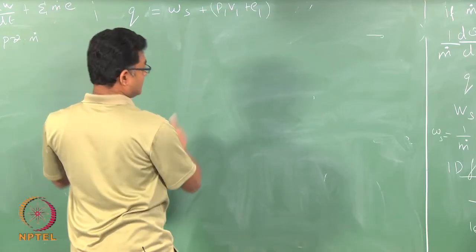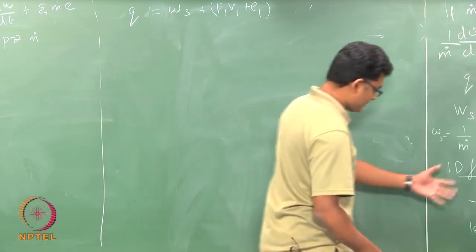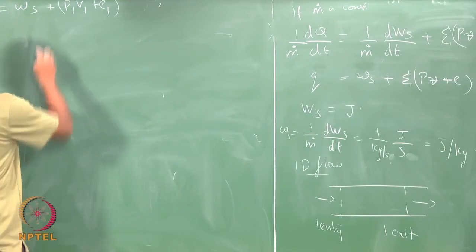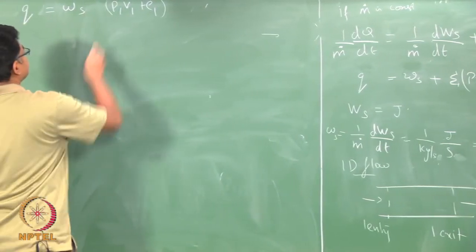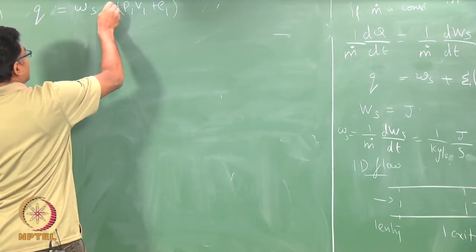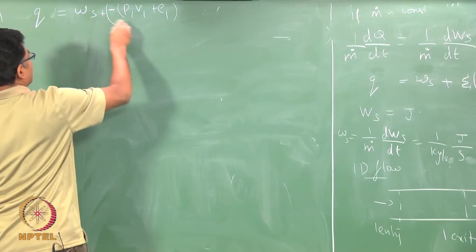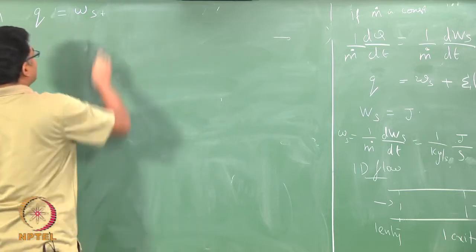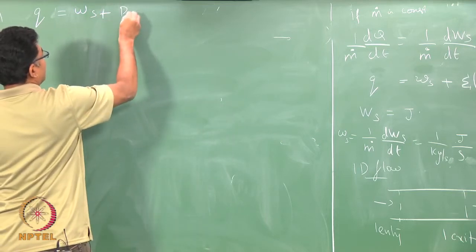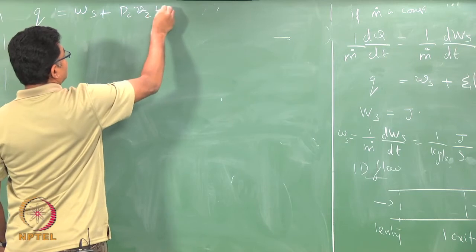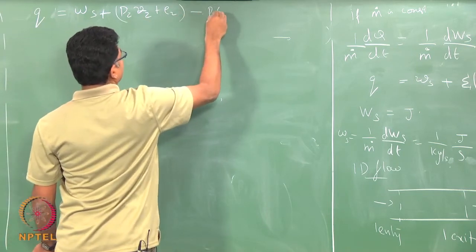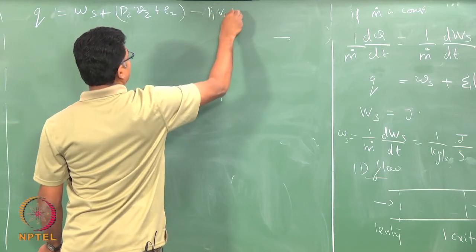This one is into the system, the work done by the surroundings, so this will come with a minus sign. So, I will write the positive quantity first, which is P2 V2 plus E2 minus P1 V1 plus E1.